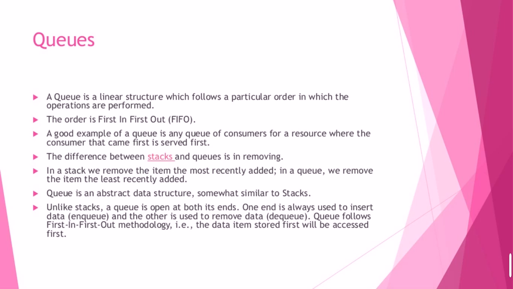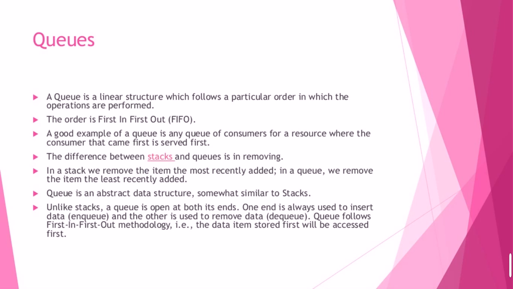So FIFO it follows. The insertion is at one end and the deletion is at the other end, not on the same end as in a stack. The person who comes at the end will get the ticket at the end.